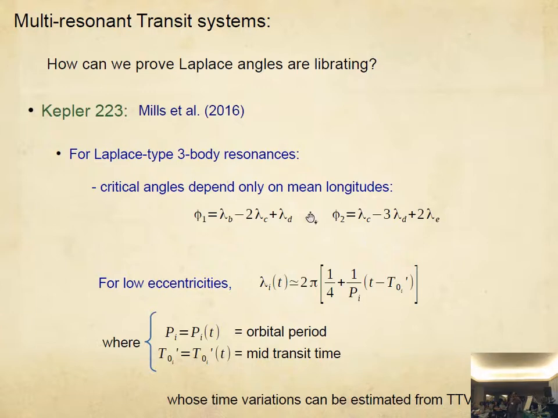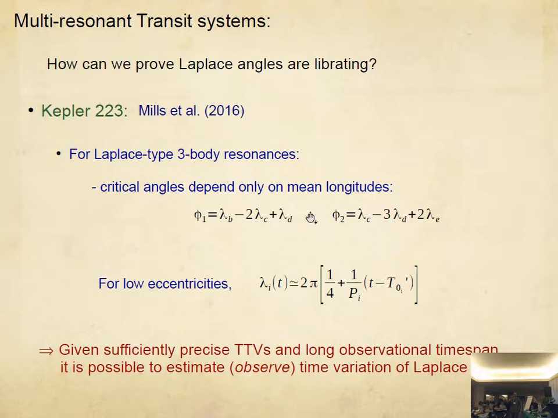So if these quantities are constant, the orbital period is constant, you will have a linear function of the mean longitude. But if you have TTVs and you're able to include the variation of these quantities into your model, you're able to have a very precise description of the evolution of the mean longitude suffering the perturbation of the planets. And then you can estimate, even measure, what would be the time evolution of these Laplace angles.